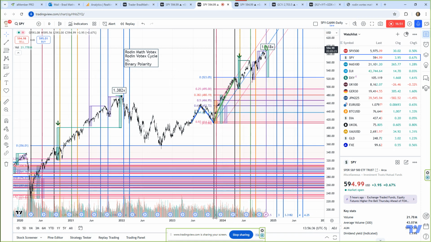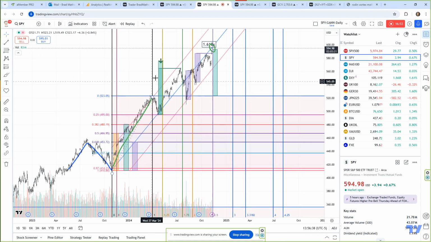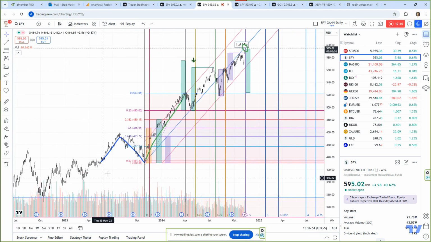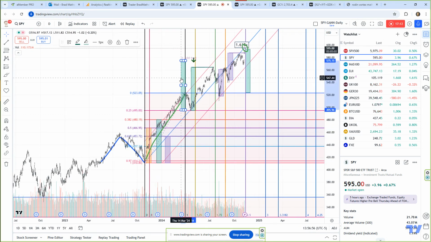Make sure we have the right one. Is there one in here? It's kind of dark, so there's probably one in here. Yeah, there is. So this is the pullback range from this previous arc back here. That's this one. And what we're looking at here is, do these correlate?